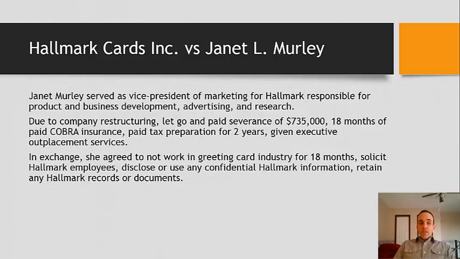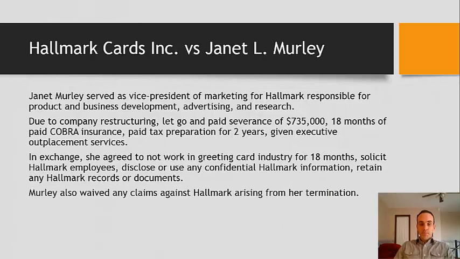In exchange for this, she agreed to not work in the greeting card industry for 18 months. She agreed to not solicit Hallmark employees, to not disclose or use any confidential Hallmark information, or to retain any Hallmark records or documents. She also waived any claims against Hallmark arising from her termination.